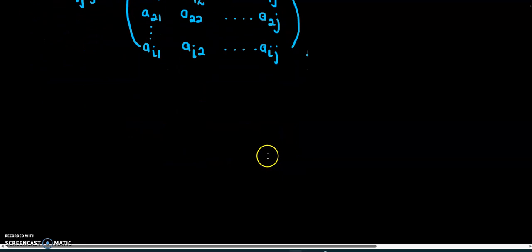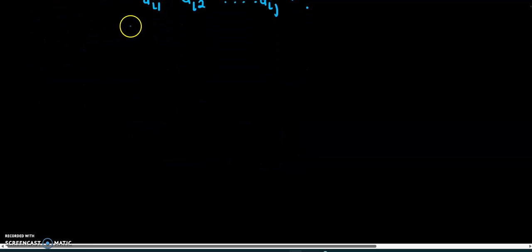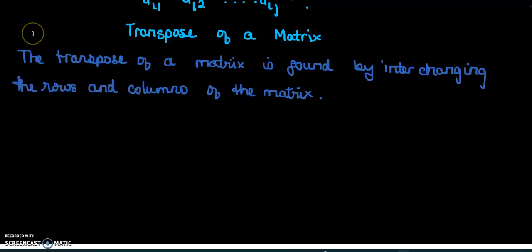Now we look at the transpose of a matrix. Now the transpose of a matrix is found by interchanging the rows and columns of the matrix.